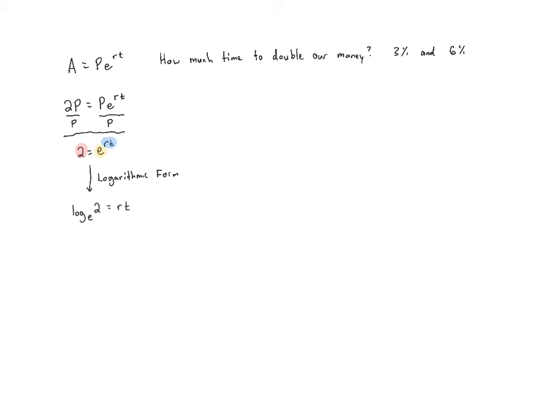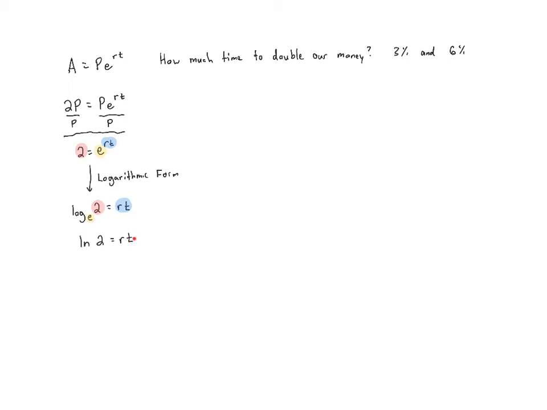Hopefully you're feeling a little bit comfortable with this, because we have a couple of times now rewritten things between exponential and logarithmic form. So now that we've done this, I'm just going to rewrite the left-hand side, because when we have a log base e, that's a natural logarithm. So we've got ln of 2 equals RT.